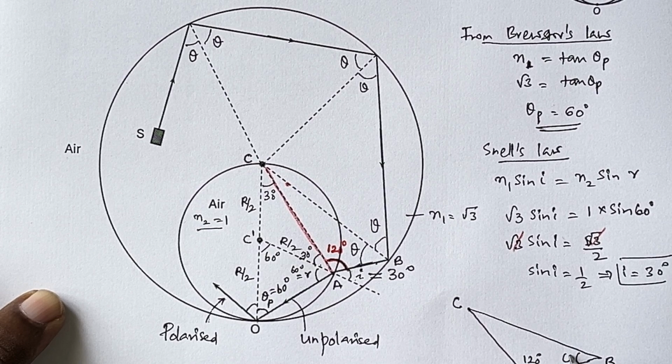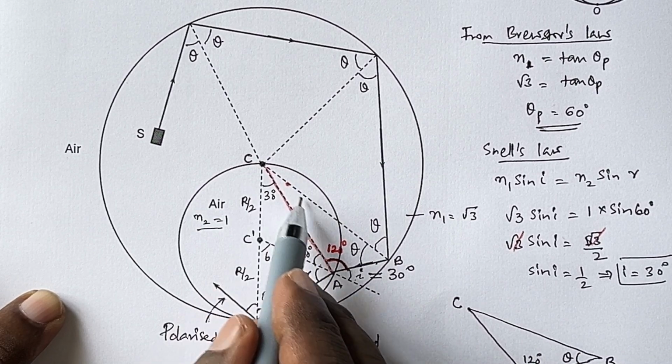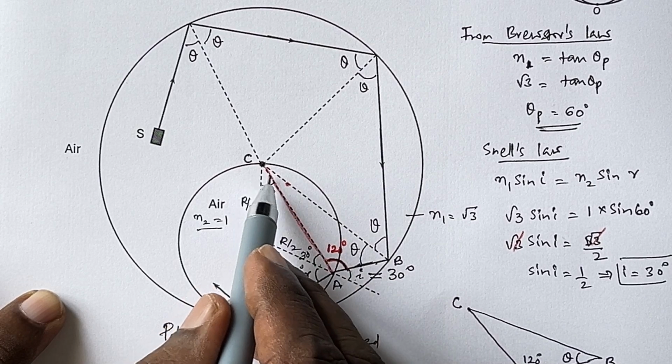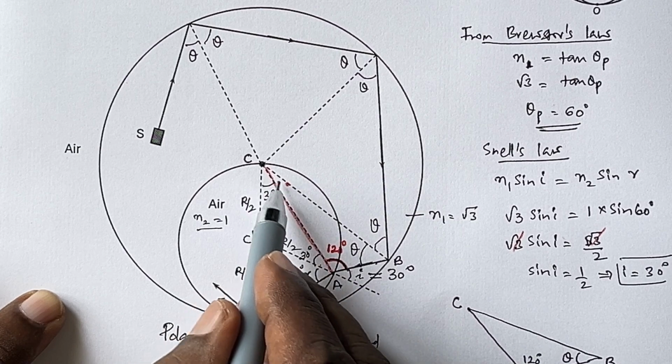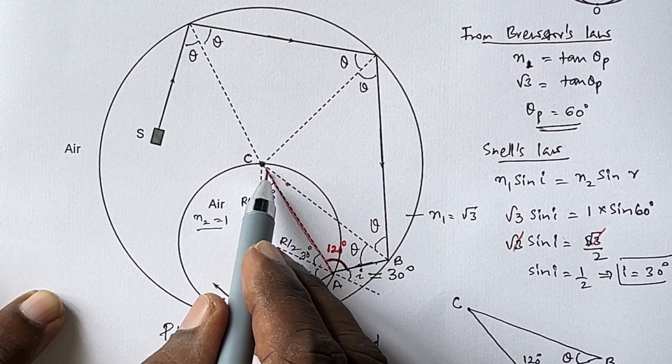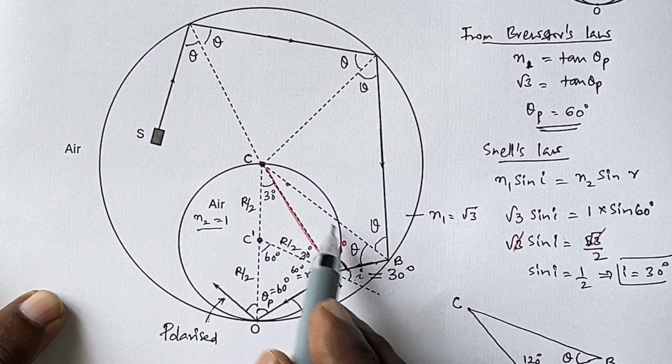This angle is equal to theta. Wherever light is falling at the angle of incidence, from this point to the center of the glass sphere, I draw a line. This is a normal.